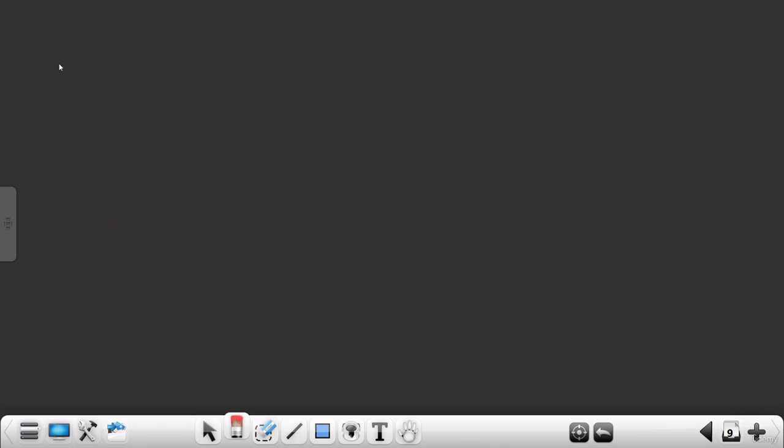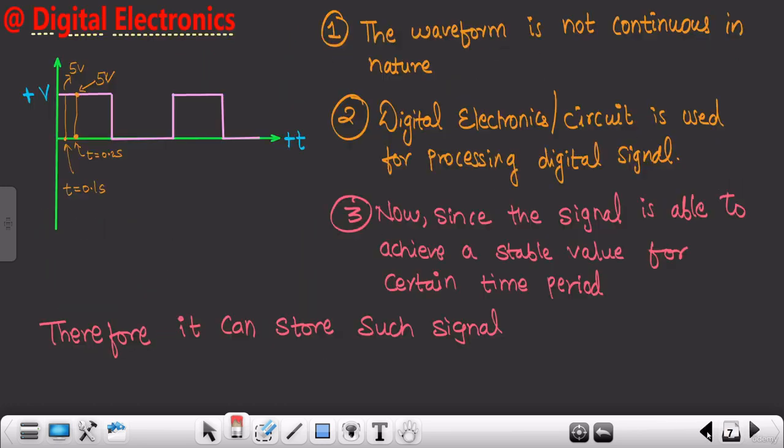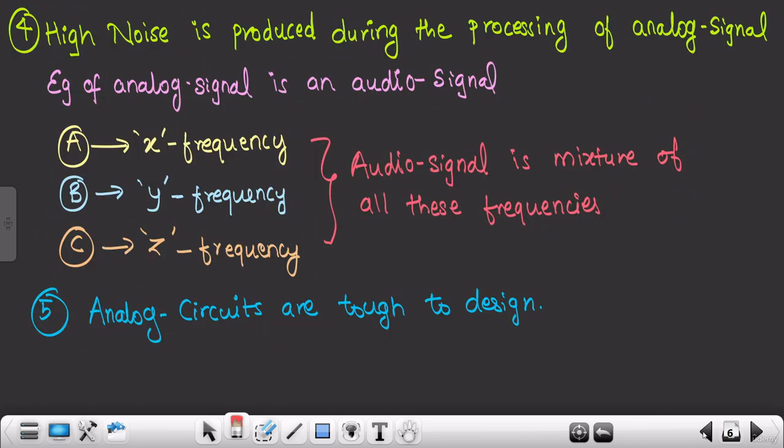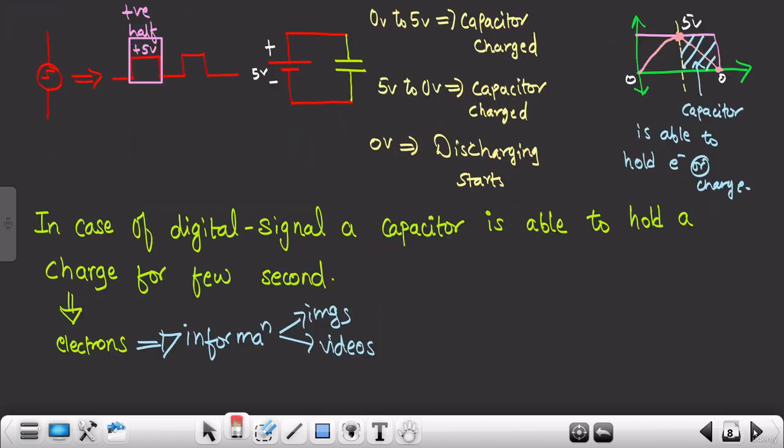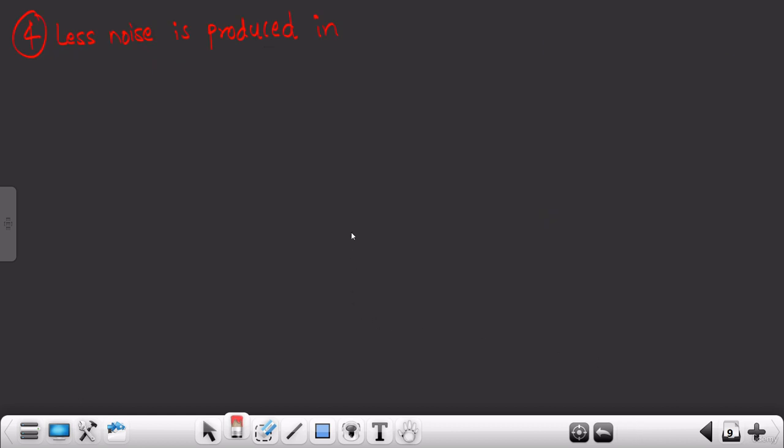So the fourth point would be that less noise is produced during the processing of digital signal.